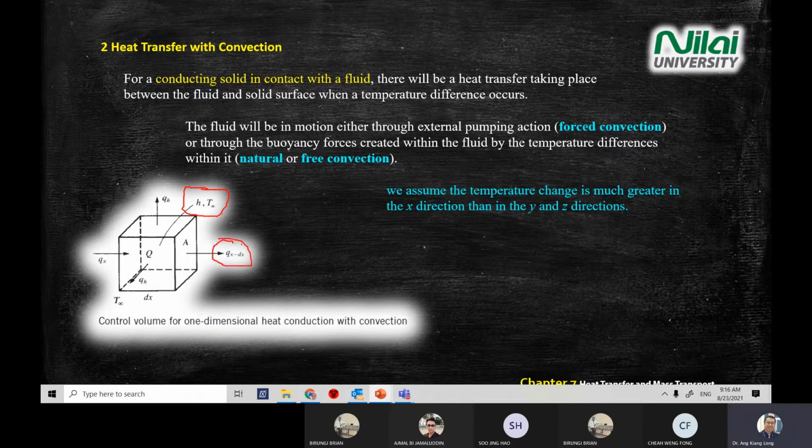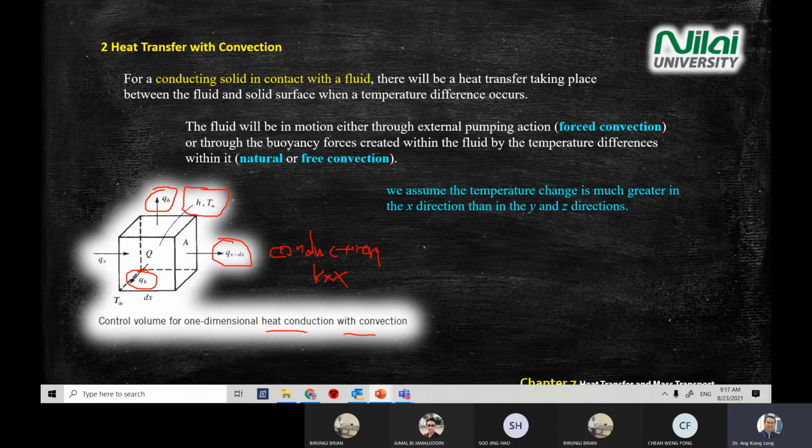This one, Q, is conduction. Meaning if the question asks you about conduction, then you only consider Q and also KXX and so on. If the question asks you to consider conduction and convection, then you need to consider H. Okay, H. You see the QH here?